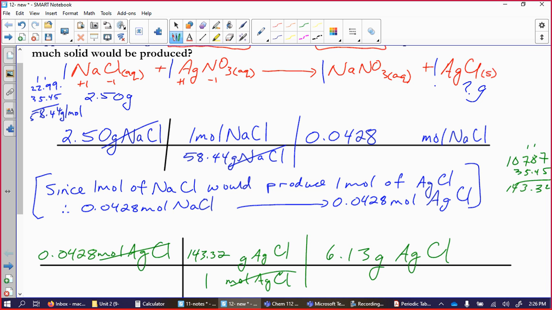A lot of people say, well, how can 2.5 grams produce 6 grams? Well, we have that many grams of that. We have all sorts of it. We have plenty to use. But that means we have a whole bunch of silver atoms. Does silver fundamentally weigh more than sodium?